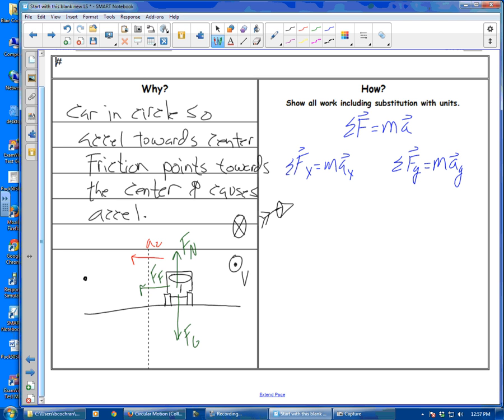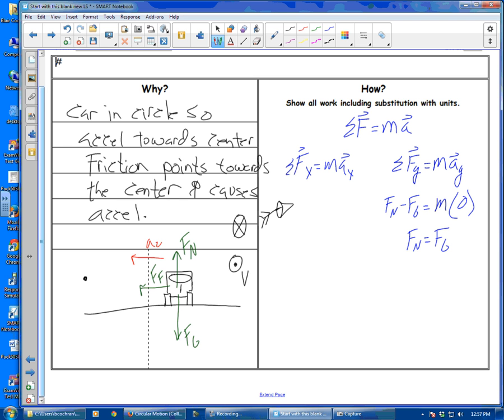You want to call up and down y? Yeah. And side to side x? Okay. So in the y, we've got force normal minus F_g. How much acceleration in the y direction? None, right. So force normal equals the weight. Right?